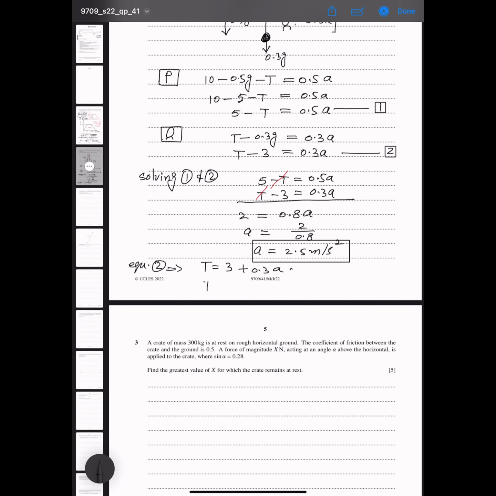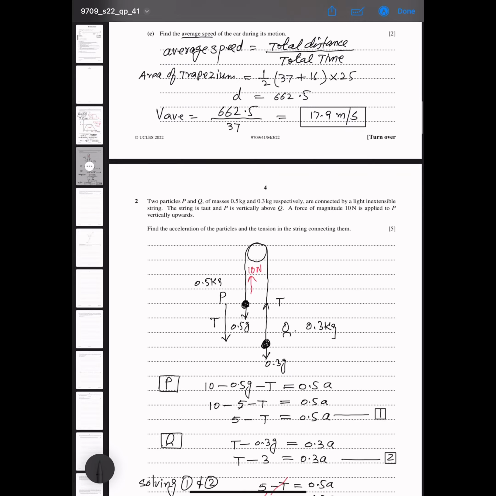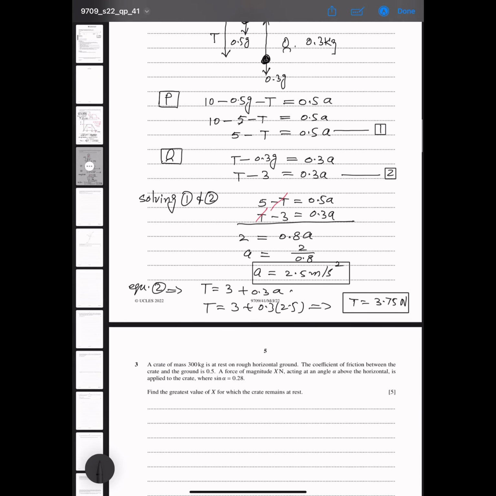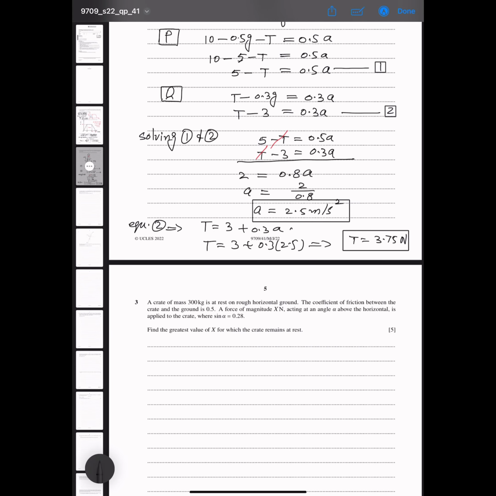Putting the value of a, T will be 3 plus 0.3 into 2.5. This shows that the value of T is 3.75 Newton. This is the answer. This question was from Newton's laws of motion. Using Newton's second law, we found both the values, acceleration and tension.